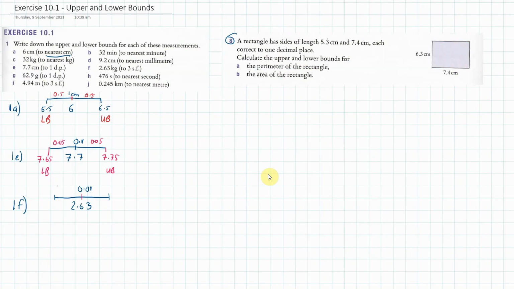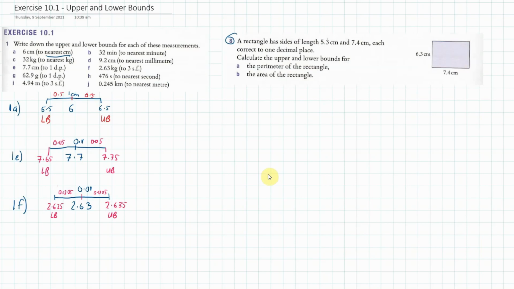So if we divide it by 2, we should have 0.005 on either side, which means our lower bound, we're going to take that away, so it should be 2.625, that's our lower bound, and our upper bound, we're going to add that on, so we should get 2.635. Okay, so that's about how you do this.